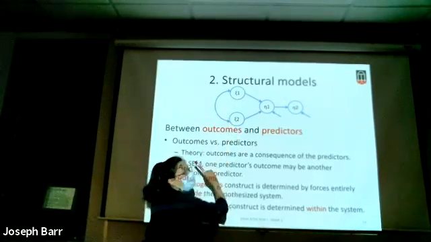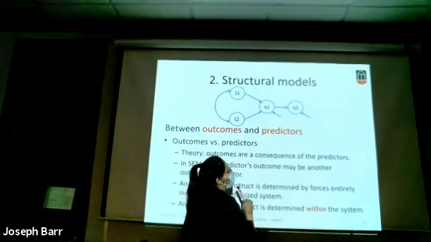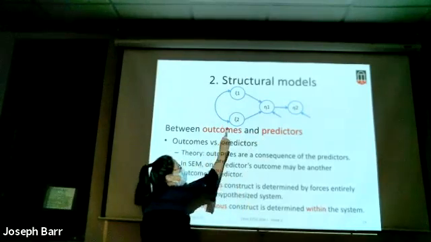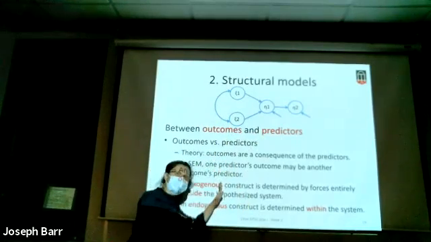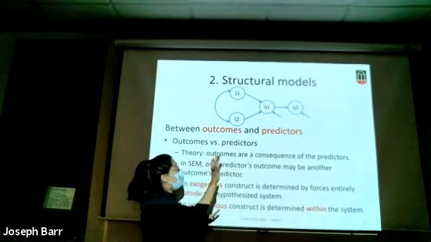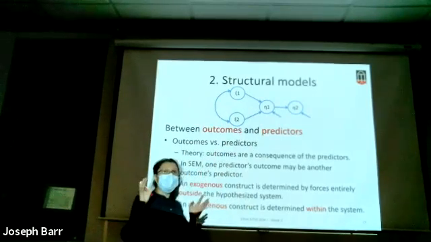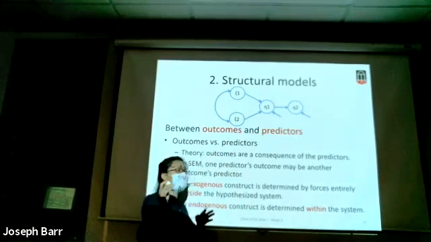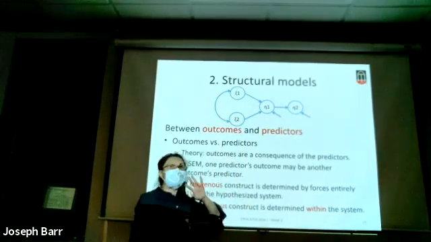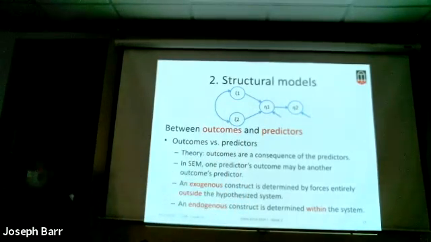We have latent xi and we have latent eta. Latent xi belongs to the X measurement model. Latent eta belongs to the Y measurement model, the endogenous model. This part is the exogenous variables.